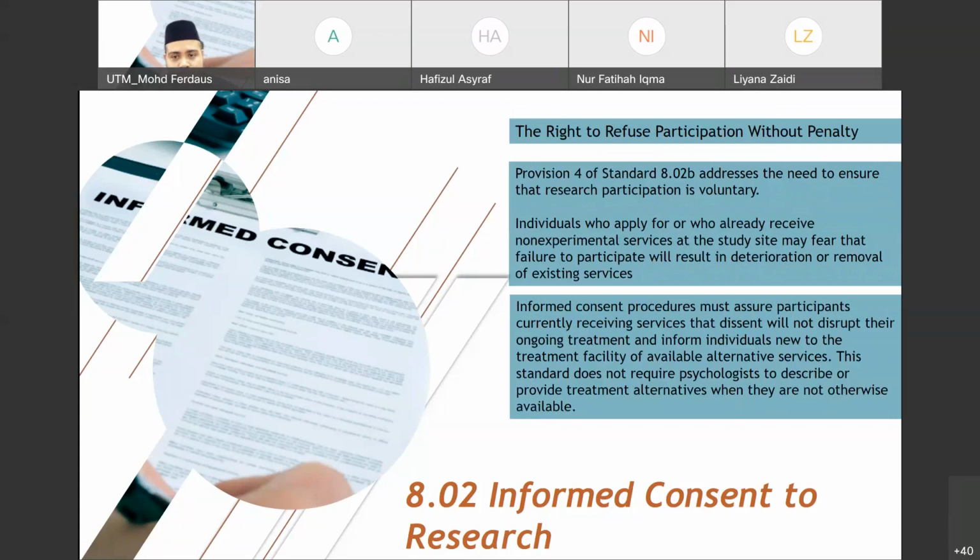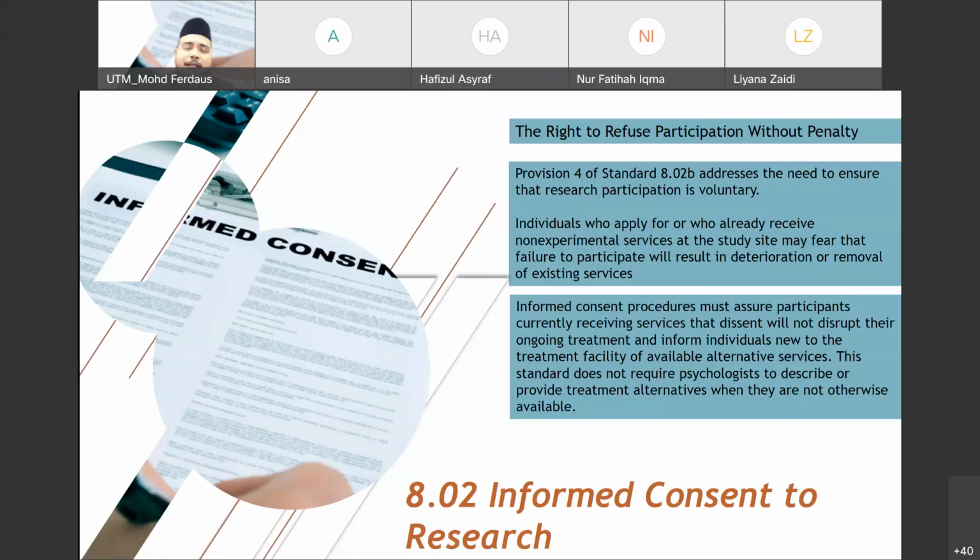Okay, next part to consider in informed consent is the right to refuse participation without penalty. Provision 4 of standard 8.02b addresses the need to ensure that research participation is voluntary. Individuals who apply for or who already receive non-experimental services at the study site may fear that failure to participate will result in deterioration or removal of existing services.